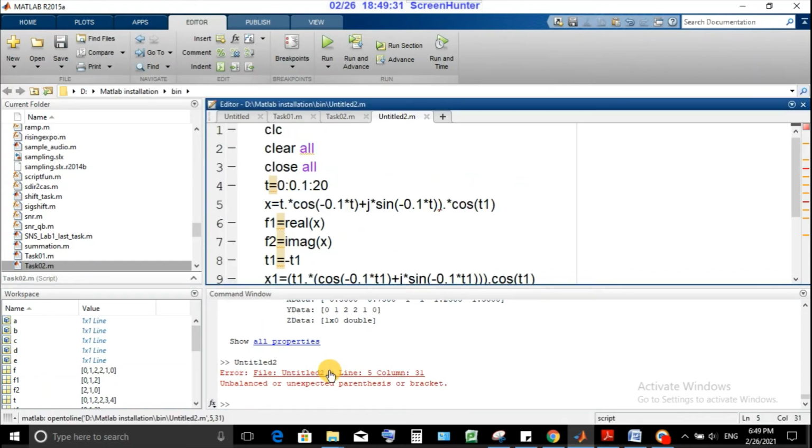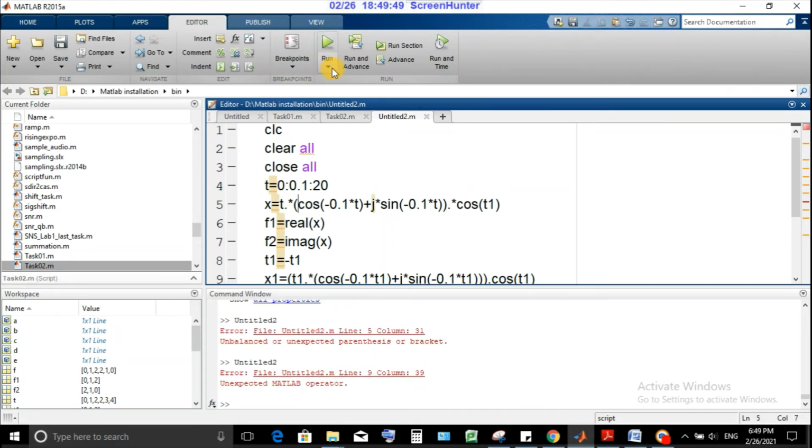Here we have some extra bracket, and I think here we need to add an additional bracket. Let's try again.